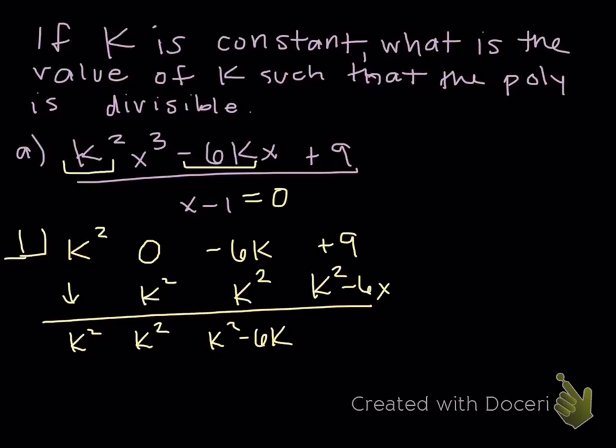And now down here, I'm going to get k squared minus 6k plus 9. So notice this is in the remainder spot, this trinomial. So I need to take this trinomial and set it equal to 0 so I can determine the values of k. So I'm going to flip the screen so I have some more room, and then I'll come back to this screen. So I had k squared minus 6k plus 9.